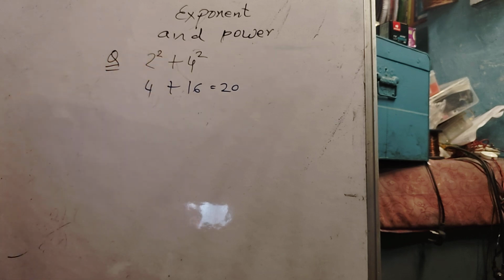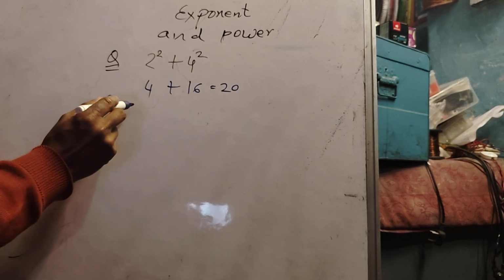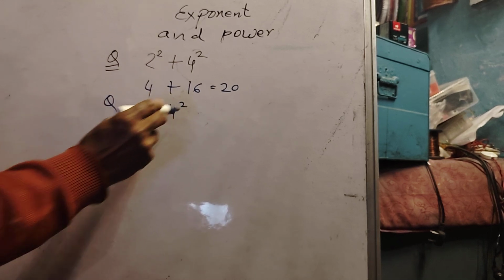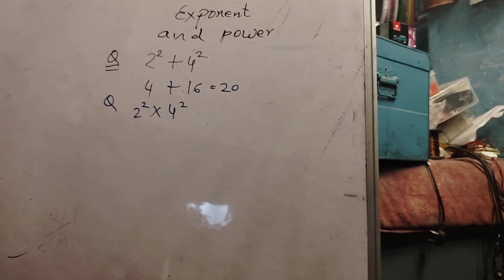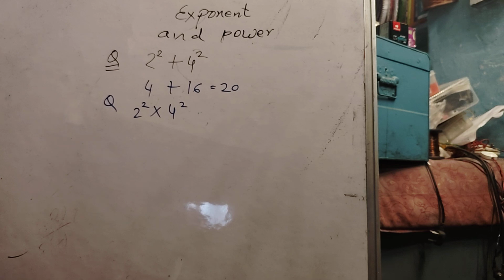So it is not an exponential law rule type problem. Suppose there is a multiply sign, then what can be the answer? 2 square multiply 4 square.